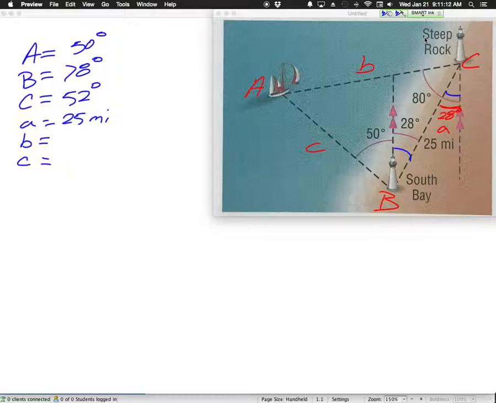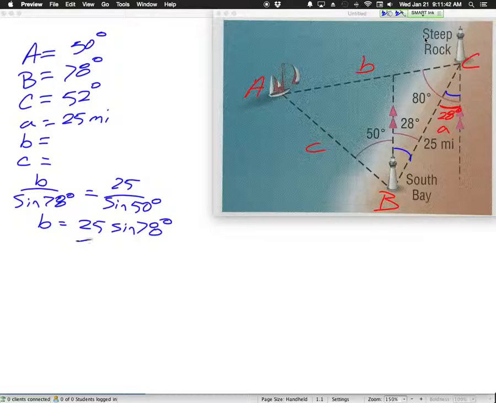Alright, Bree, set it up for me to find B. We do B over sine of B, which is sine of 78. Very good. And then A, which is 25 over sine of A, which is sine of 50. Very nice. So let's move the sine of 78 over. I get B equals 25 sine of 78 over sine of 50.